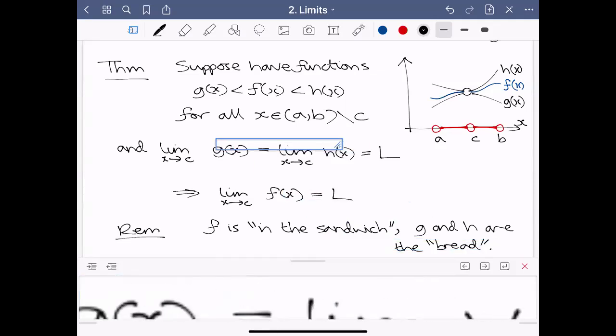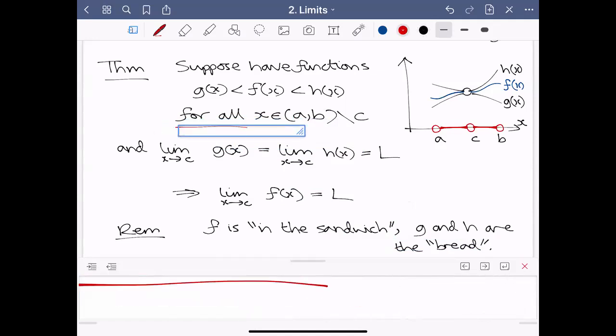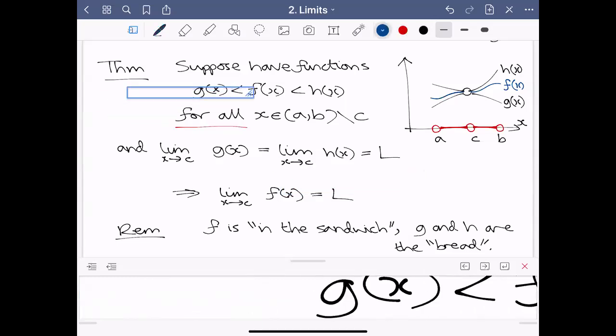Yes. So, reading the questions, I'm going to underline this, for all x in (a, b). So let's call this star.